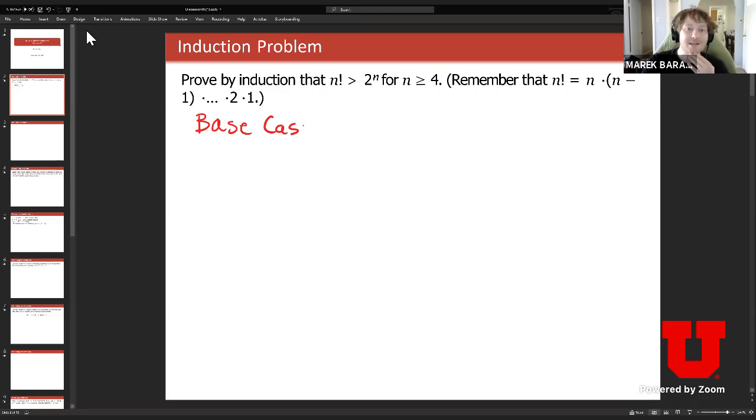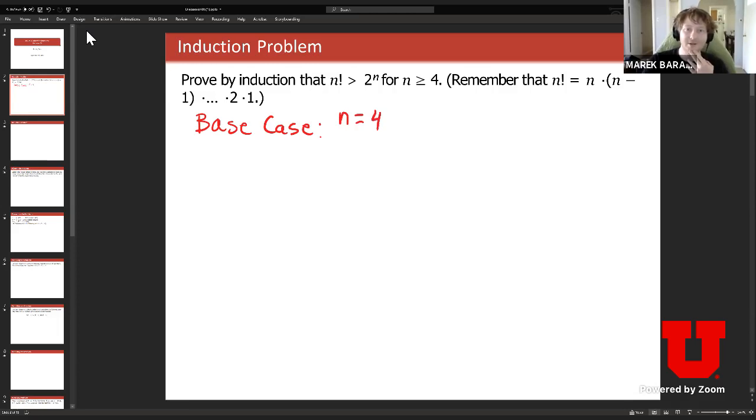Let's do the base case of this induction problem. So we're showing that n factorial is greater than 2 to the n for n greater than or equal to 4. Does anyone know what we should write for our base case? Prove that it's true for n equals 4. Okay, yep.